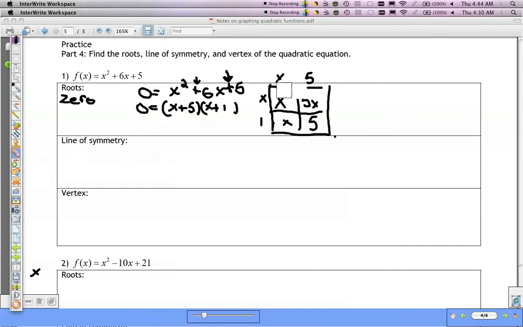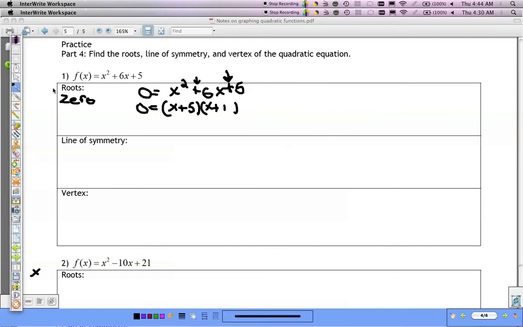So now I just want to make a little t and find the values of x that make this equation true. So I have x plus 5, and I want to set that equal to 0 because if one of the factors is 0, then that's the only way I can multiply to get 0. So x plus 5 equals 0, and x plus 1 equals 0.